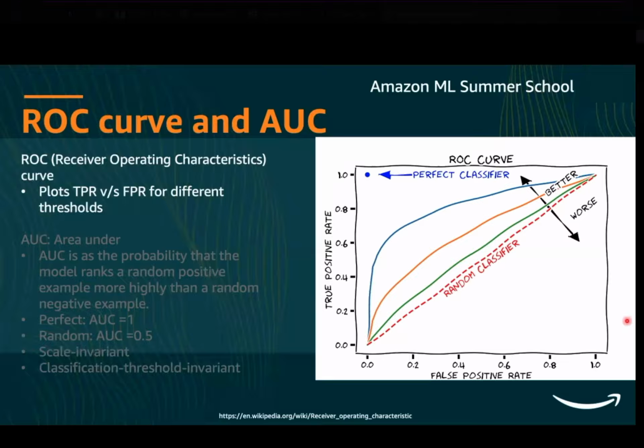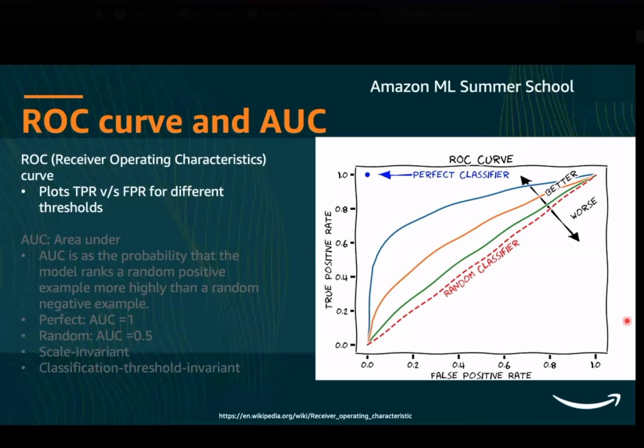A bit of trivia about the name ROC. We talk about ROC, receiver operating characteristic. What does this name mean? The ROC curve was first used during World War II for the analysis of radar signals.